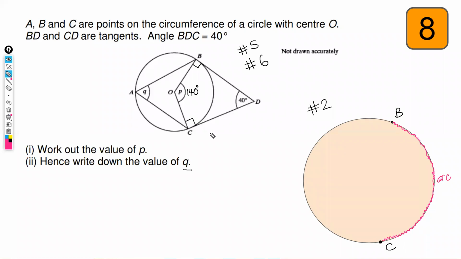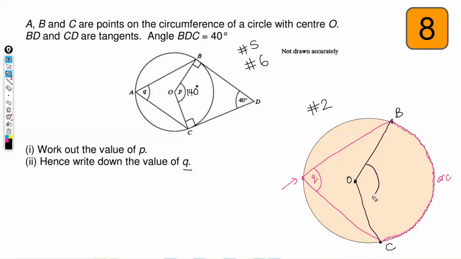You will notice that there's a line going from C to A to B. Leaving C, it hits the circumference and bounces back to B. That's the angle Q. But then there's another angle starting at C again, but it goes to the center, which is point O, and it goes to over here.